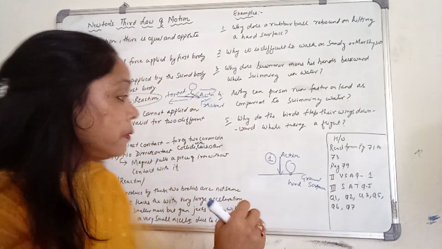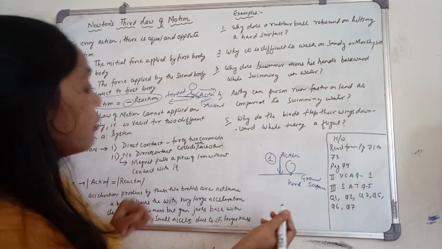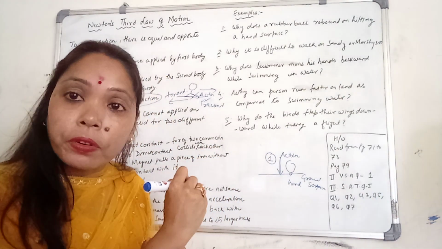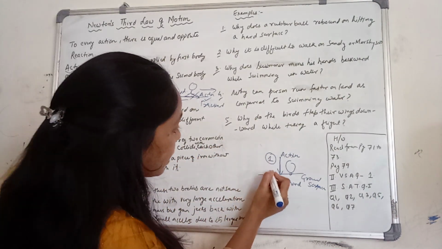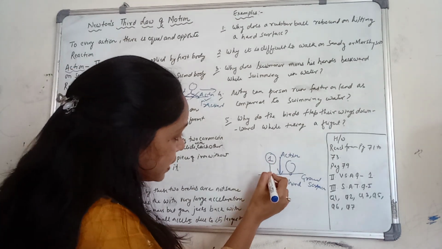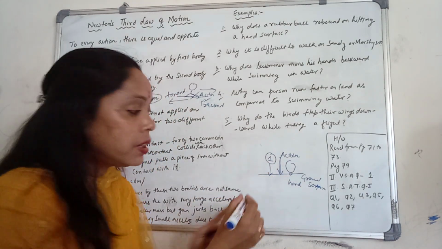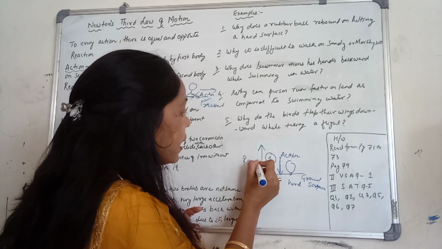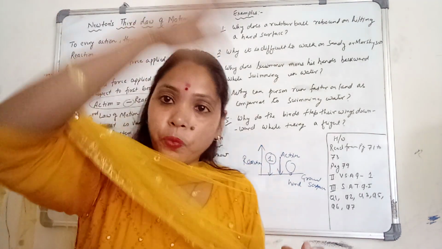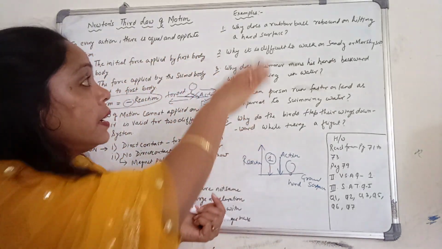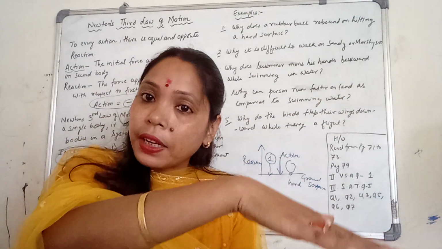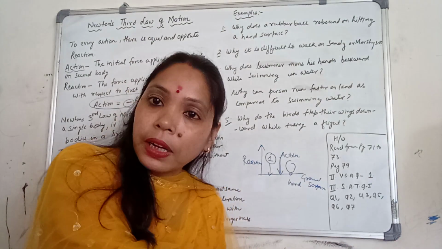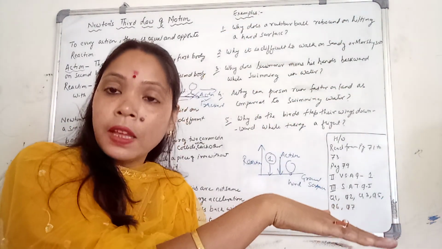Now the reaction is the force applied by the ground with respect to the first body. So first it hits the ground, then it rebounds. So this one will be the reaction. Whenever the rubber ball hits the ground, it is the action.